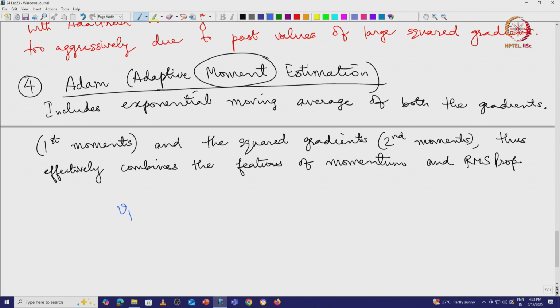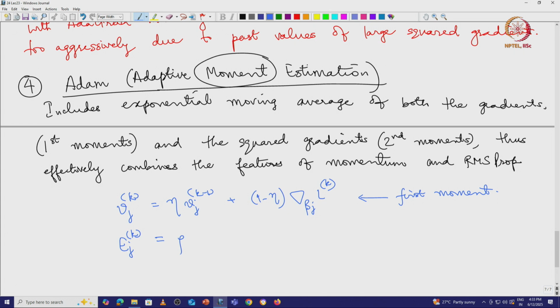So, you accumulate the velocities. So, Vjk is eta times Vjk minus 1 plus 1 minus eta times the gradient of the loss function versus beta j at the iteration k, that is the accumulated first moments, and then you also accumulate the squared gradients, the second moment.